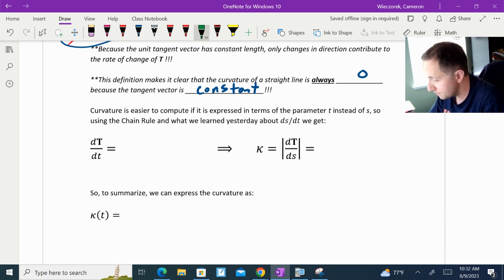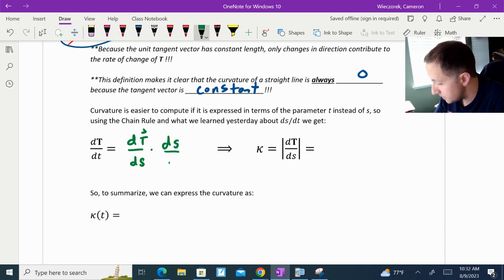If I wanted to define this in terms of t instead of s, we can use a little bit of the chain rule here. dT/dt, I can write this as dT/ds times ds/dt. We can see that the differential with respect to arc length would end up canceling out. So this is a legal mathematical thing to write.